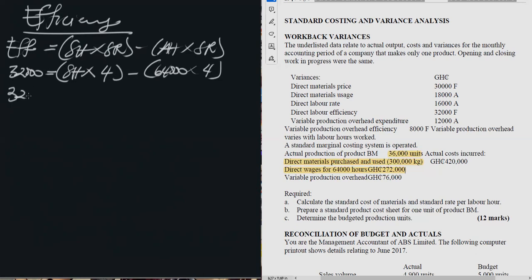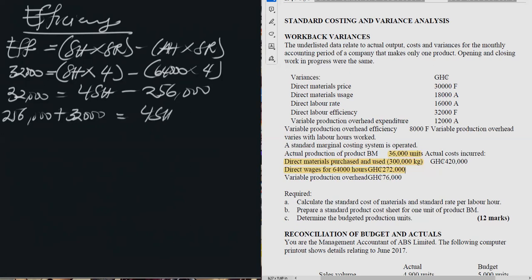So now that you have this, you are just going to expand this. So you have your 32,000 equals 4 standard hour minus 64 by 4. You realize we saw this earlier, which is the 256,000. So now we can work by bringing our 256,000 here. Because it crosses, it becomes positive, plus 32,000 equals 4 standard hour, right?